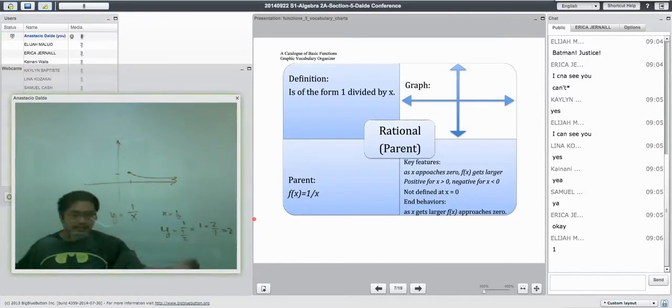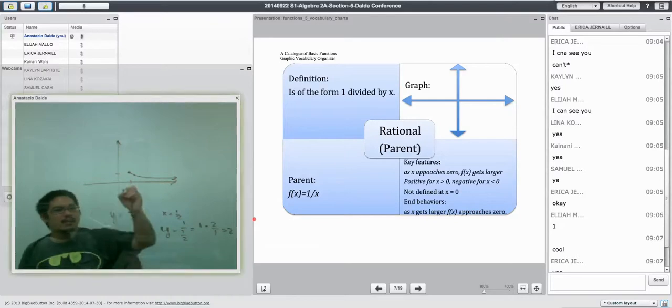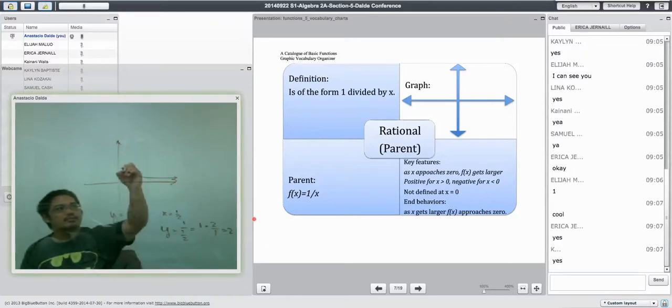Does that make sense? Agreed? So at the halfway point, I'm going to reach 2. I guess 2 would be more up here. And then at the quarter point, I would reach 4, so up here. And at the 1/8 point, I'd reach 8 up here, right?